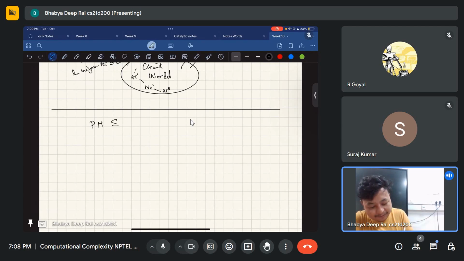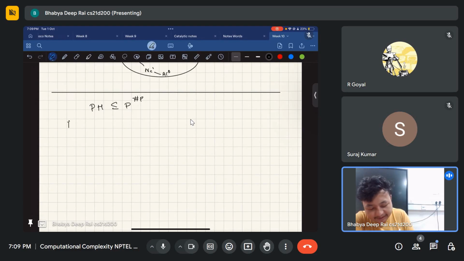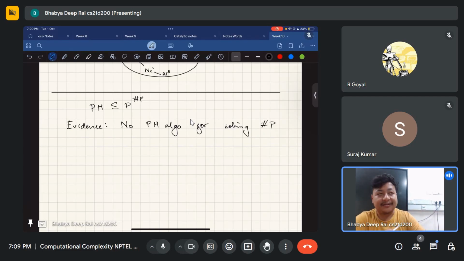To say that PH is contained in P to the sharp P is good evidence, but take it with a grain of salt, for the claim that no PH algorithm can solve sharp P. Take the hardest language in the polynomial hierarchy, way up there, sigma thousand or pi thousand, whatever.